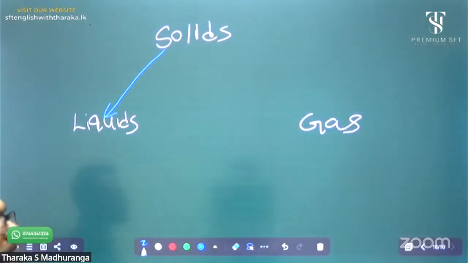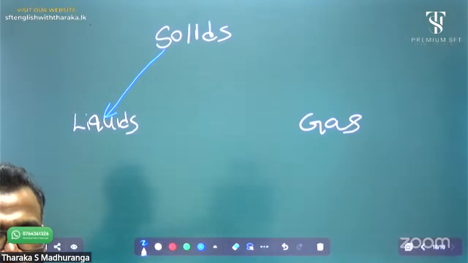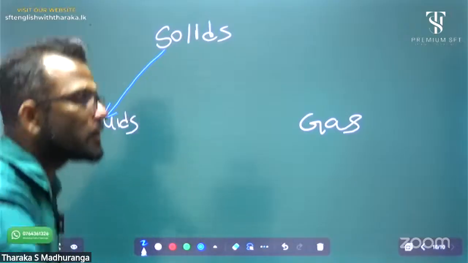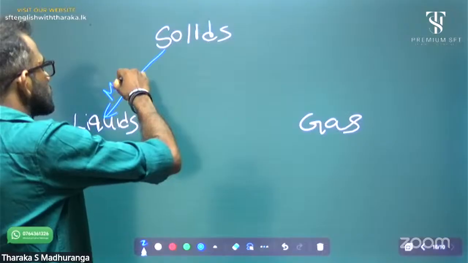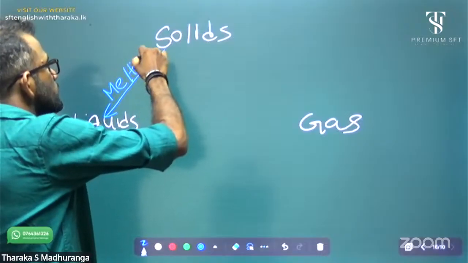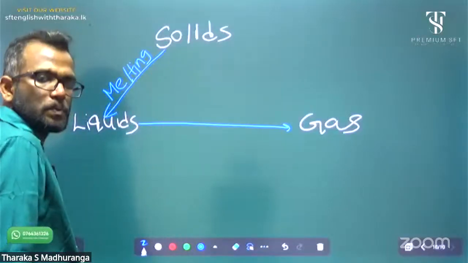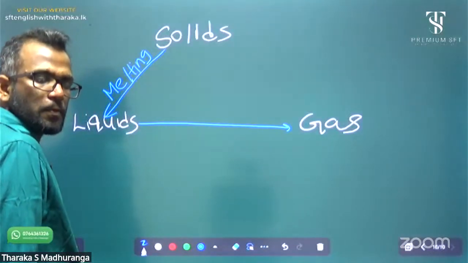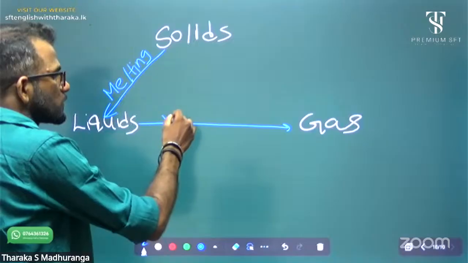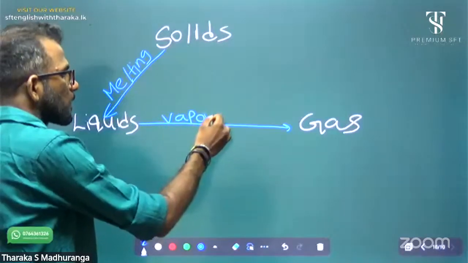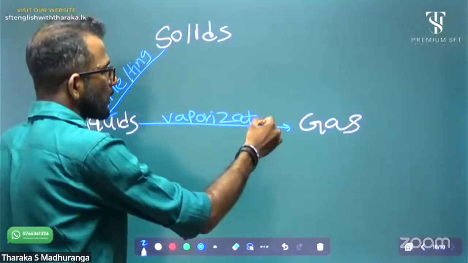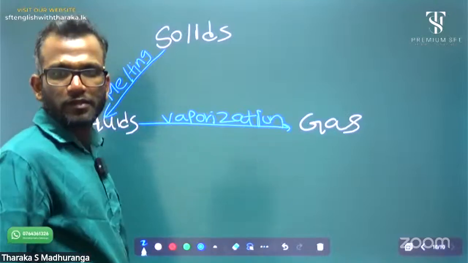What's the name, Joel? Melting, yes, melting. Liquid converts into gas. Very good, vaporization.